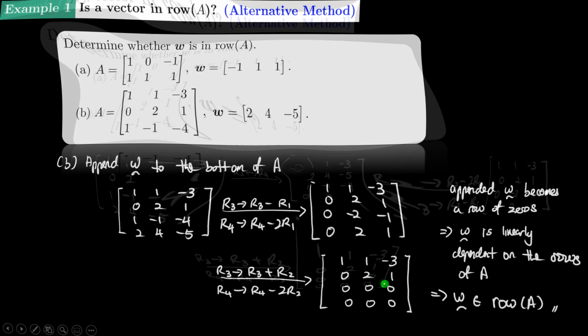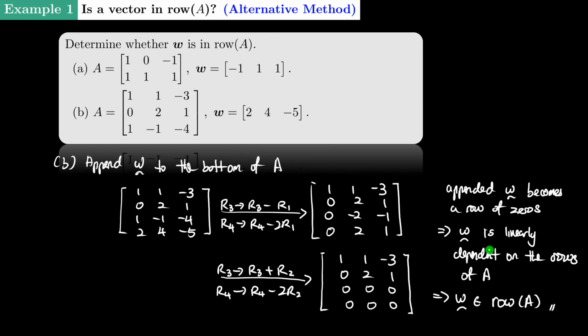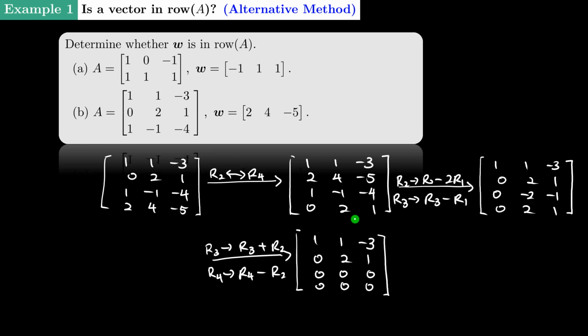Alright. We know previously that W is linearly dependent on the rows of A, because the appended row W becomes a row of zeros. In this case, we note that since we have swapped row 2 and row 4, our W is actually in row 2. But row 2 ends up to be non-zero. So does it mean that our W is not linearly dependent on the rows of A?